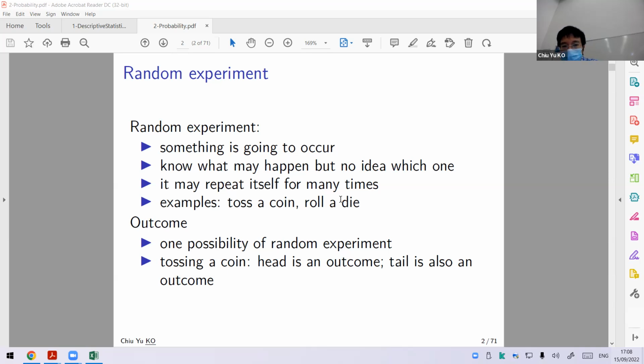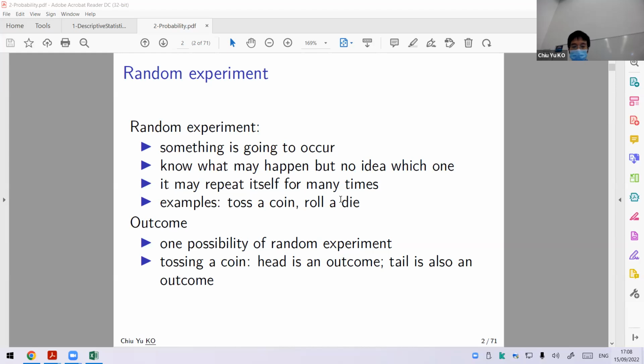But before we do it, we have to define what we call random experiment, because the classical definition of probability requires things that we can repeat a lot of times, and from a lot of experiments, from the data, we generalize the idea, and then we get the ideal probability, okay? So let's start with random experiment, okay?